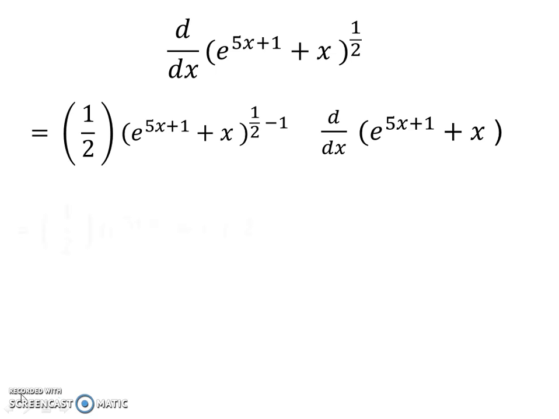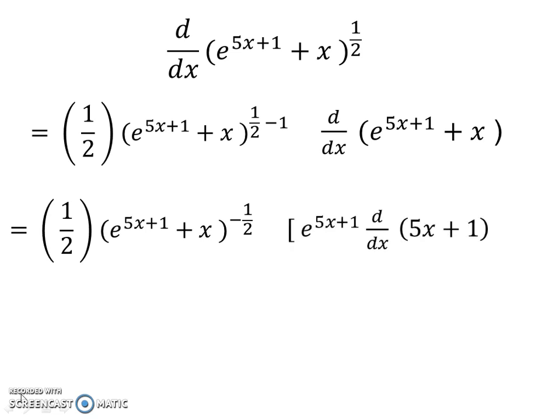So half minus 1 is minus half. Now we want to differentiate two things here, the exponential and the x. So let's focus on differentiating the exponential. When we differentiate exponential, we must get the same exponential. And then we must differentiate the power.